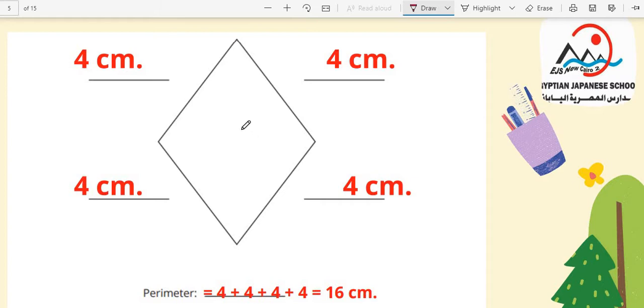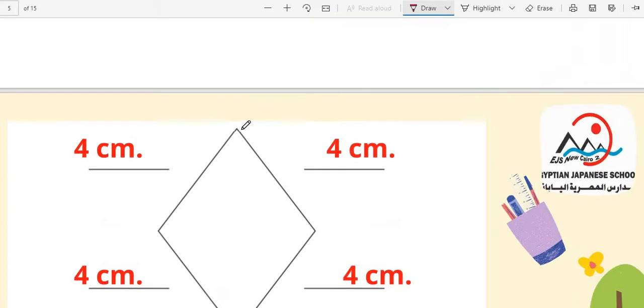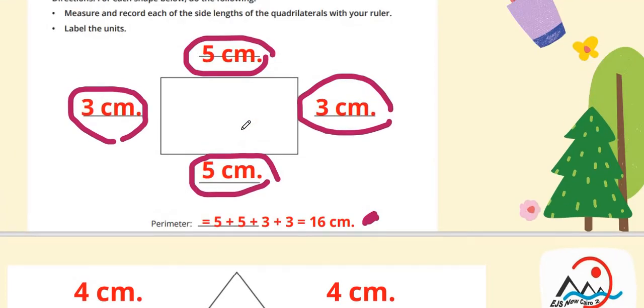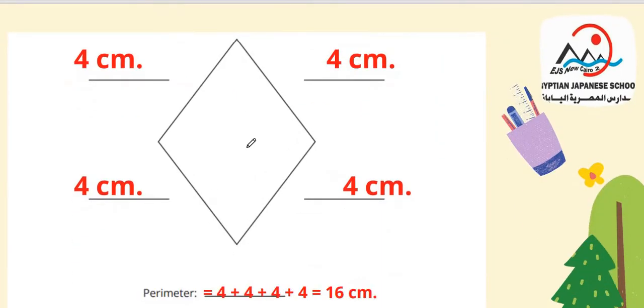What is this shape? This shape is a rhombus. This shape is a rectangle. This shape is a rhombus. By my ruler, I put the zero at the first point of the side, and the end point of the side tells me the length of this side is 4 centimeters. My version is different.